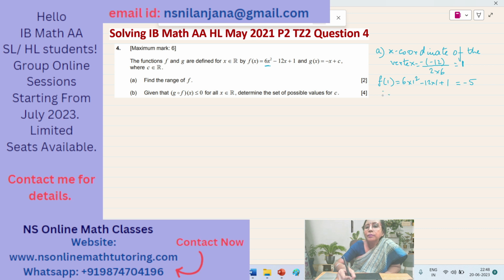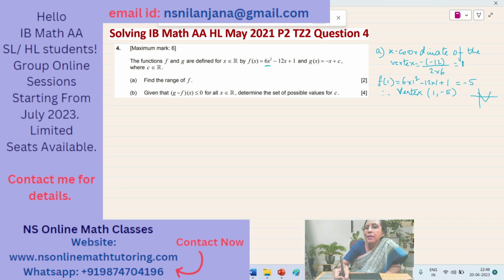So therefore, the vertex is 1, negative 5. The coordinates of the vertex will be 1 and negative 5. And the parabola will be opening upward, so it will be of this shape. 1 is the y-intercept.